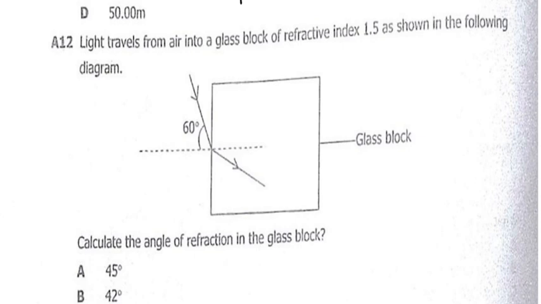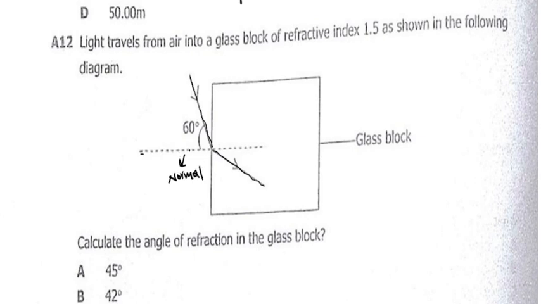So we have this. This is called an incident ray. Then the one coming out is called a refracted ray. And this dotted line is called the normal line.